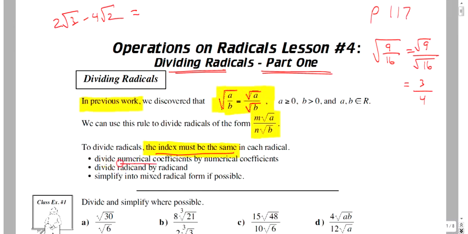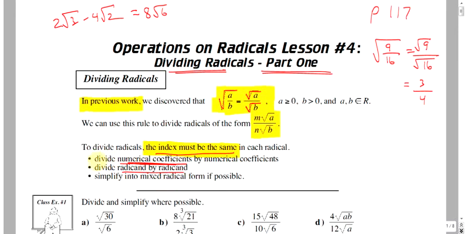Not divide, but just look at the numbers. What's 2 times 4? 8. Okay, what's root 3 times root 2? Root 6. So the number first, the radicand second.